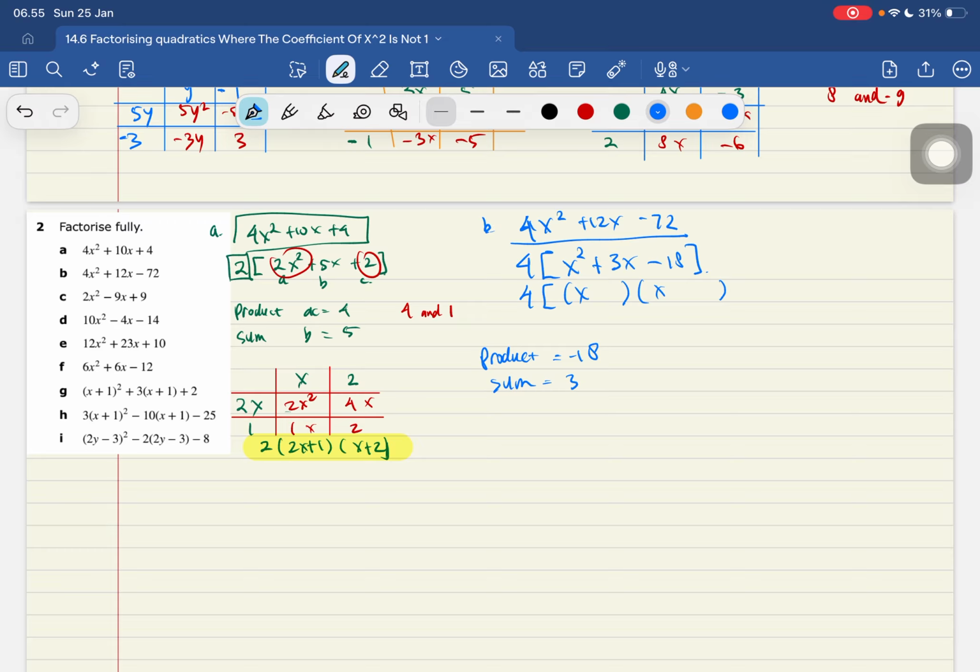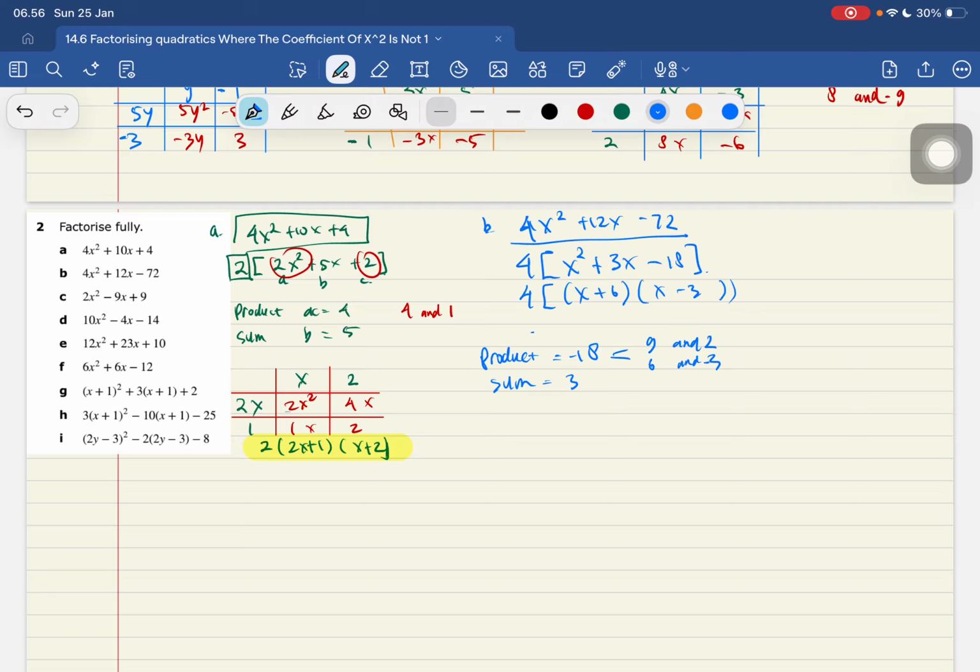What could be that number? 9 and 2. Okay, to make it 18, let's make it 9 and 2. No, we cannot make it 9 and 2. 6 and 3. Yeah, there it is. So 6 and minus 3. So we got plus 6 and minus 3.